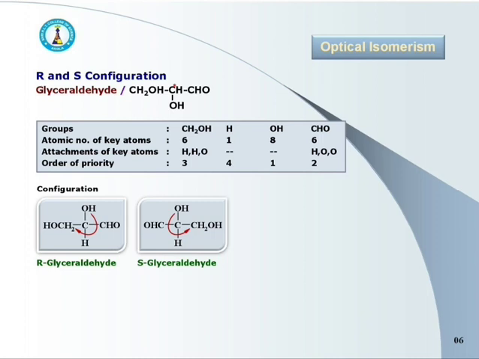So the first is R-glyceraldehyde, because here the priority of groups decreases in the clockwise direction, whereas the second structure is of S-glyceraldehyde, where the priority of the other groups decreases in the anticlockwise direction.